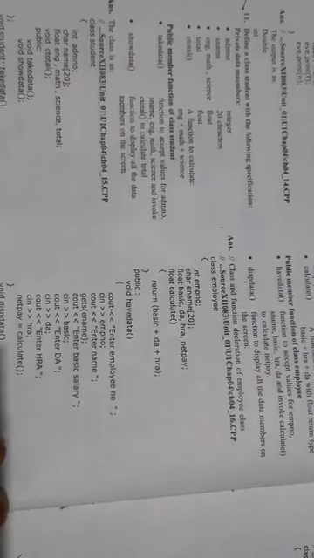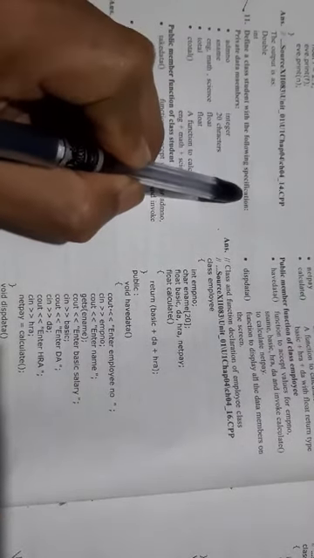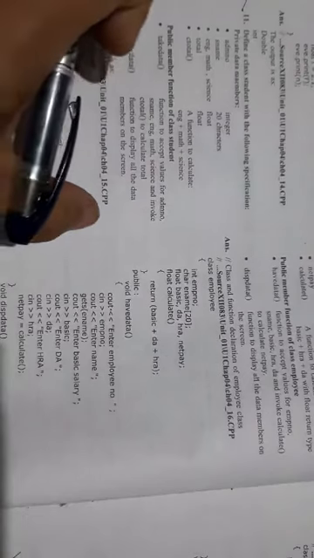Now if you see this, define a class student with the following specification. Only this format will be given, and this answer you have to write down yourself. Based on this data table, you have to define the class, and then define or declare the member functions.